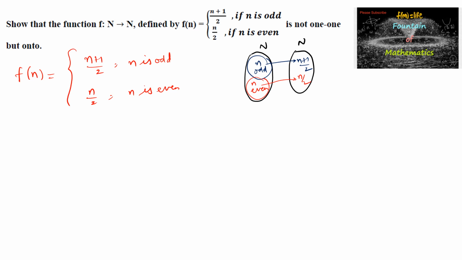Now to show that it is 1 to 1, no two distinct elements will have the same image. That is, for x1 not equal to x2, f of x1 must not be equal to f of x2, for x1, x2 belonging to the domain of the function, that is N. So let us take an example.